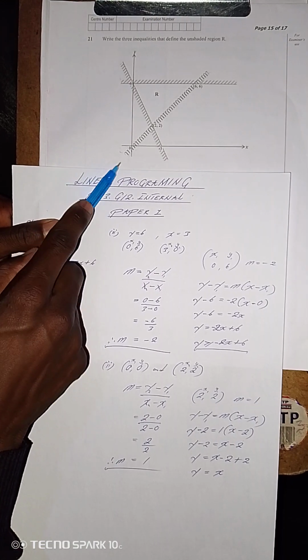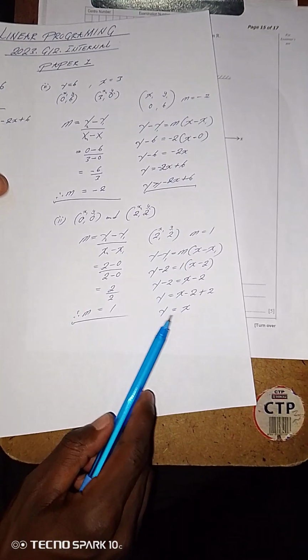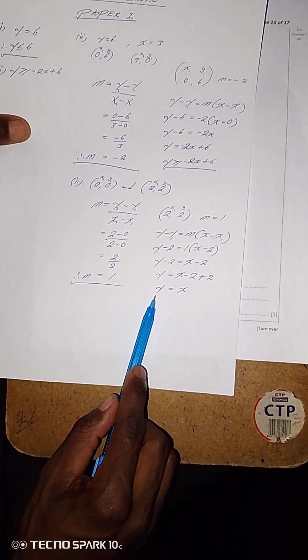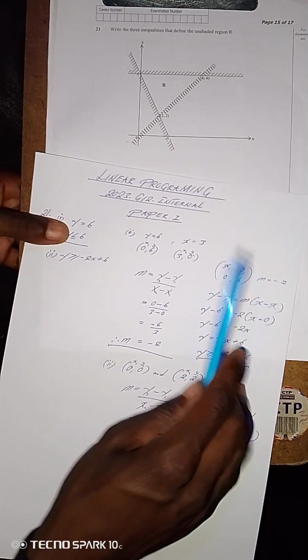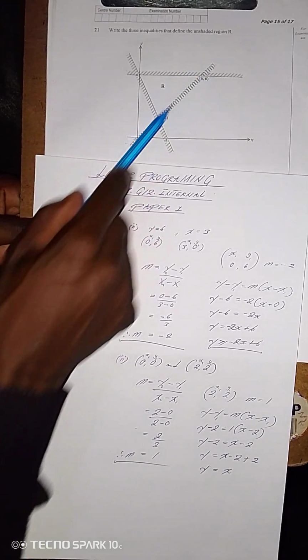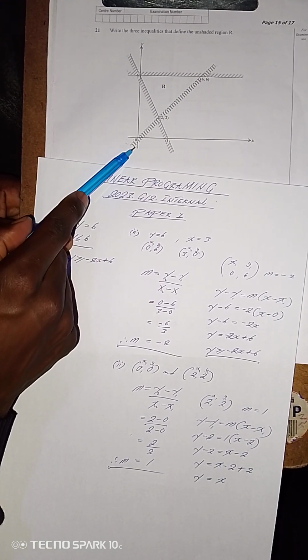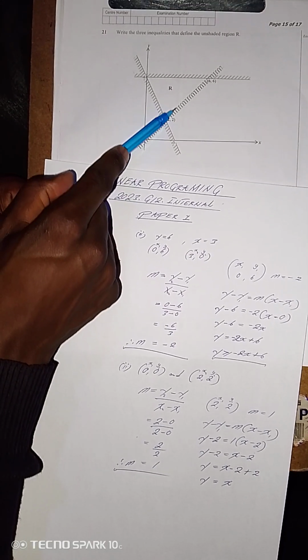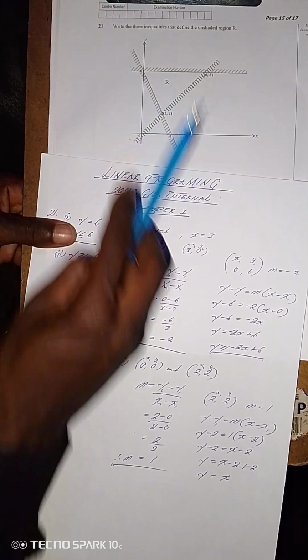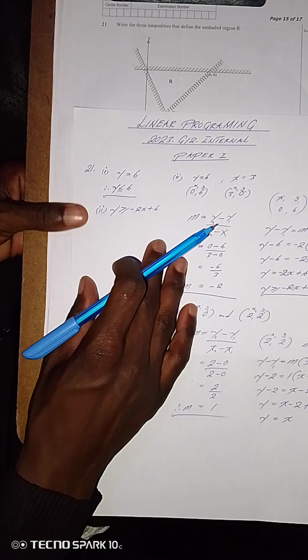So check what is shaded. Remember, when you have two letters like y, x, go for the y axis. So when you go for the y axis here, check what is shaded. What is shaded is the less part. So you go for the opposite, which is greater. Now the line is dotted. If the line is dotted, then you're going to write it like this.